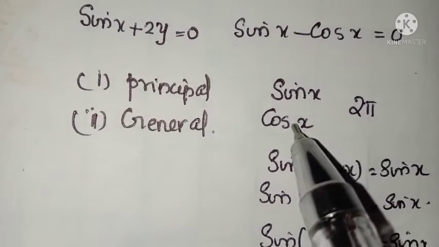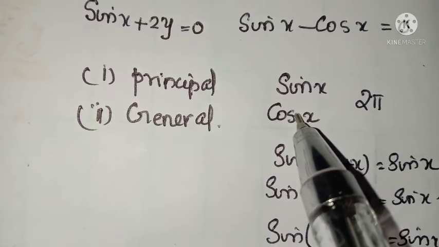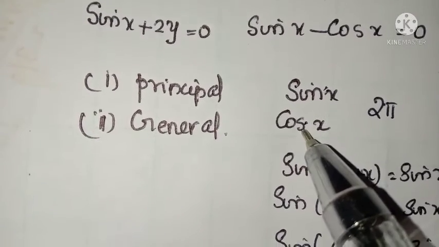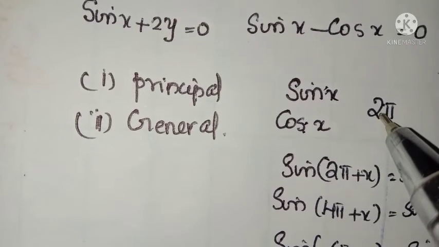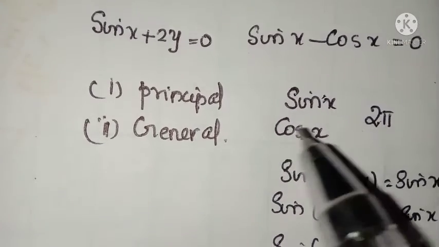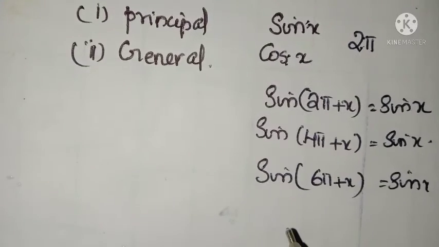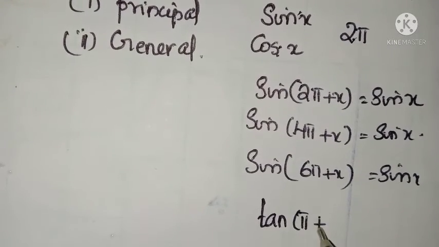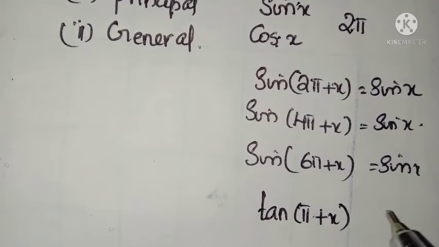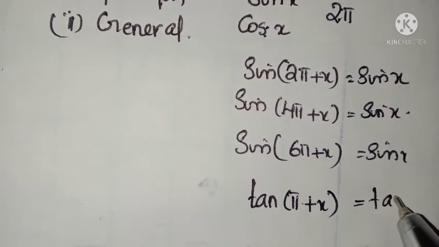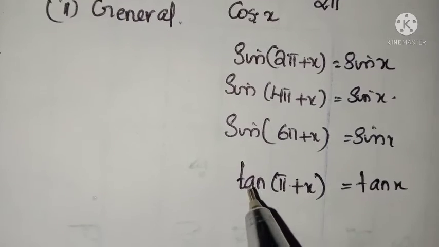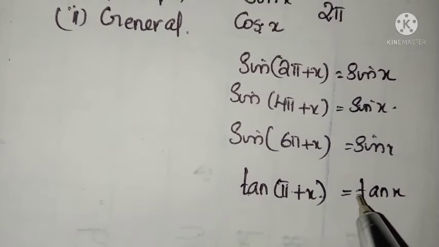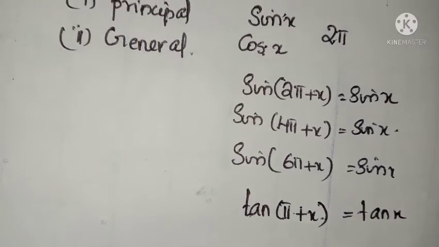Similarly for the function cos x also, that is, sin x and cos x repeat after an interval of 2 pi period. And similarly the tan ratio repeats after a pi interval of period. Tan of pi plus x equals tan x, tan of 2 pi plus x, tan of 3 pi plus x, etc., are equal to the same tan x.